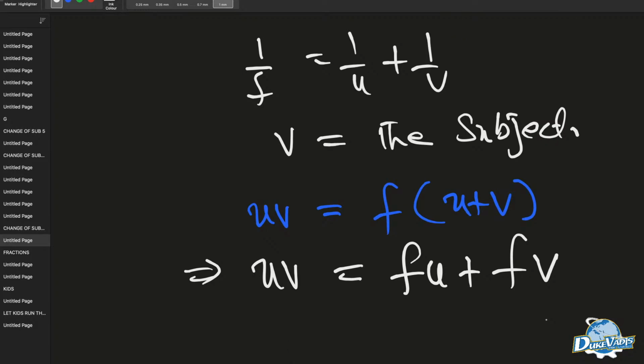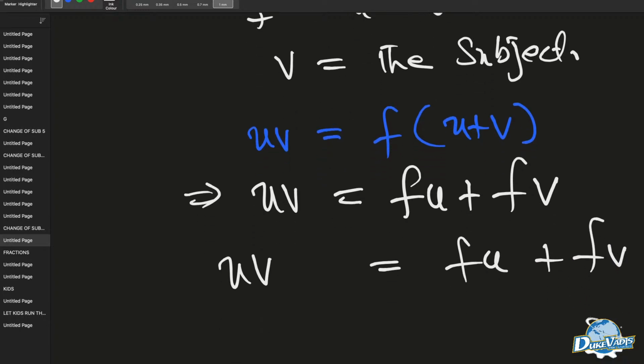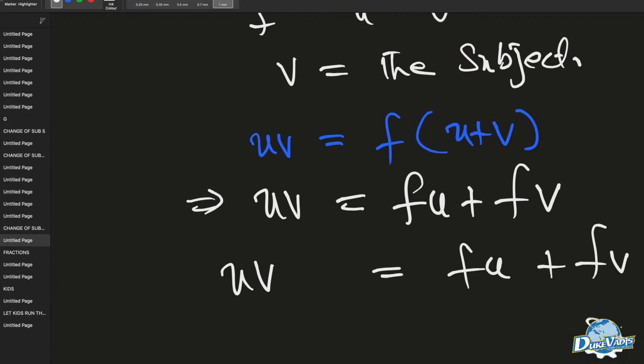Now what can we do? We remember that in an equation, what you do to the left hand side, you do to the right hand side. So we want to combine all the variables that contain v to one side. This very equation, which is uv equals fu plus fv, we are going to subtract fv from both sides.